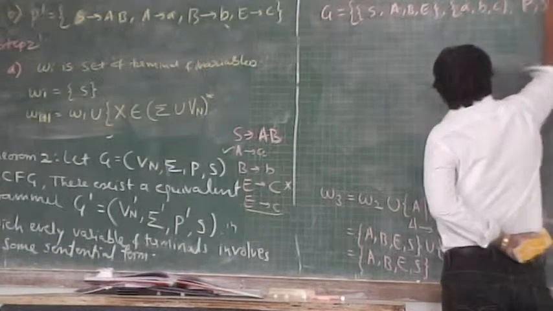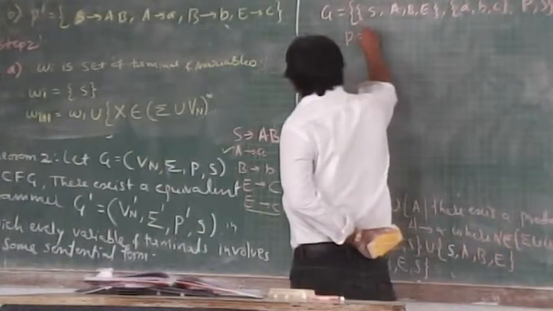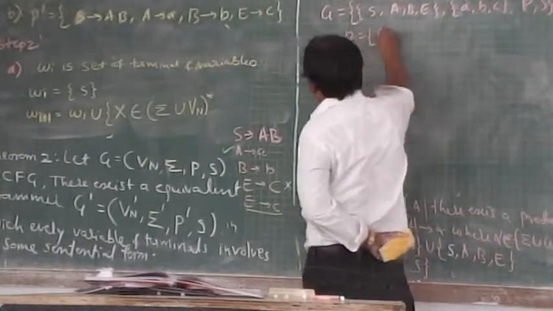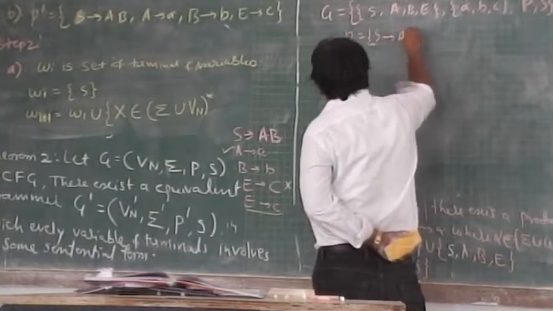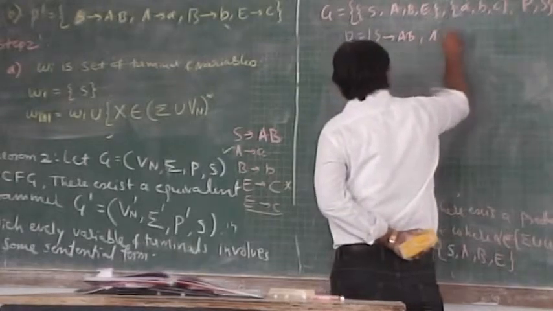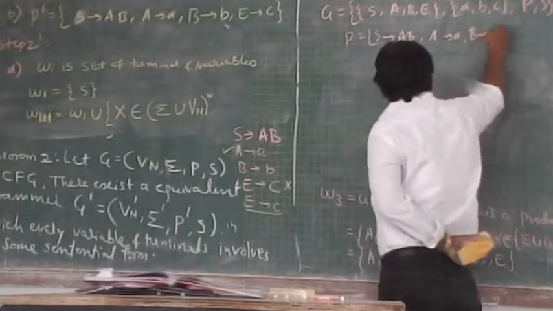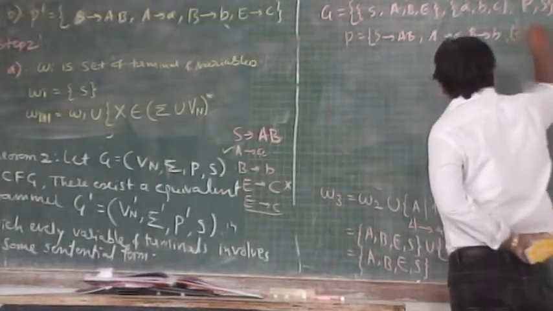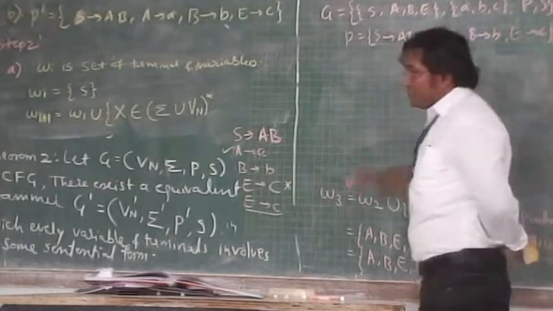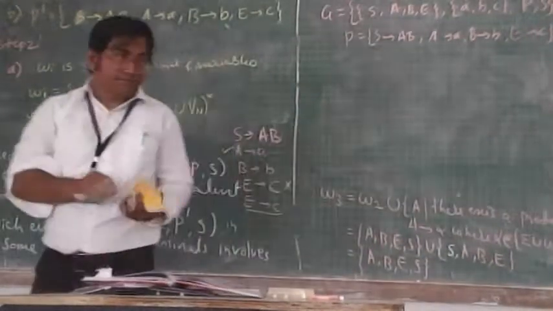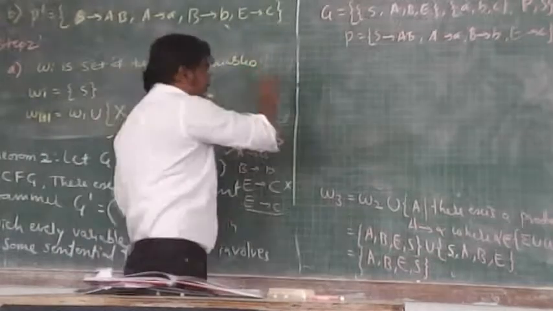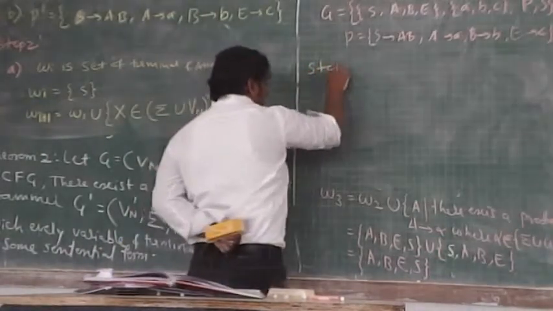P is this P dash: S implies AB, A implies a, B implies b, and E implies c. This was the grammar we received in the previous step. By taking this grammar as input, we are going for step 2.